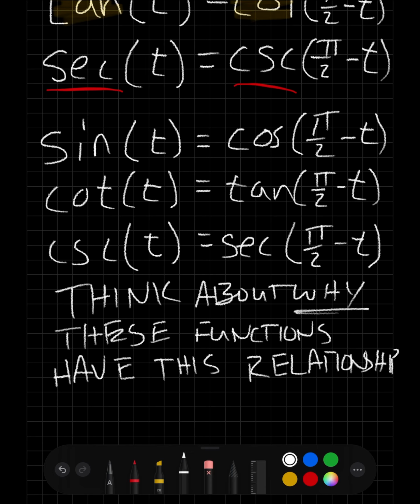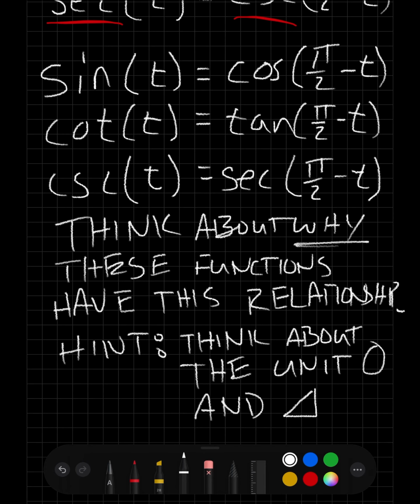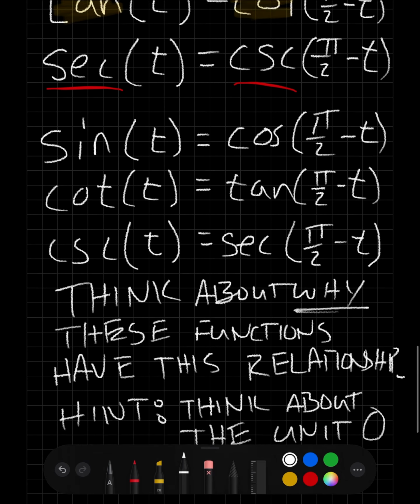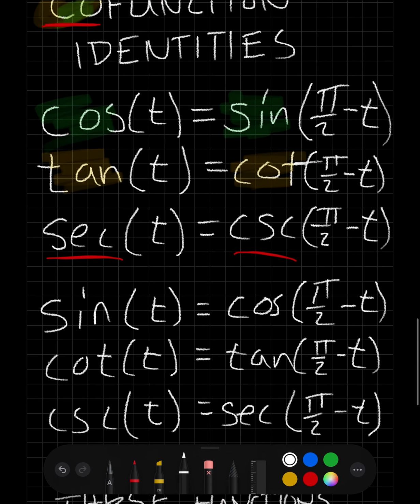So that's your hint. Hint, think about the unit circle. And you know what? Think about triangles too. Think about the unit circle and triangles and how we defined all of these functions to begin with. And that can give you your clue as to where these cofunction identities are coming from and why they would have this mysterious behavior. I think it's cool. I hope you will too.